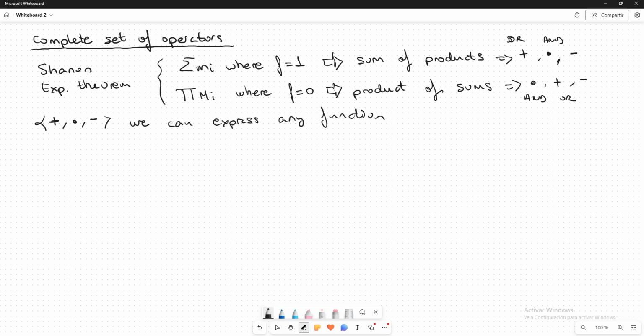This is true. We have seen that we can express any function in a disjunctive normal form or a conjunctive normal form just using these operations.